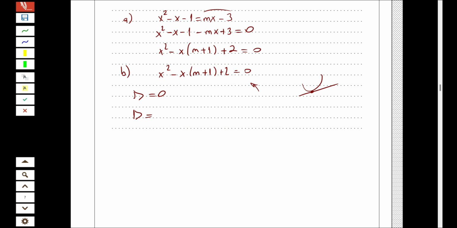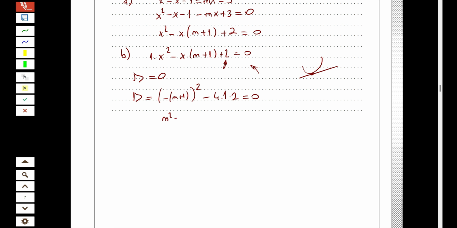It is the square of minus (m plus 1), minus 4 times the leading coefficient times the constant c, and it will be 0. From here you can write m squared plus 2m plus 1 minus 8 equals 0. m squared plus 2m minus 7 equals 0.